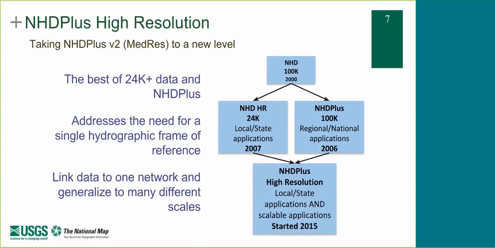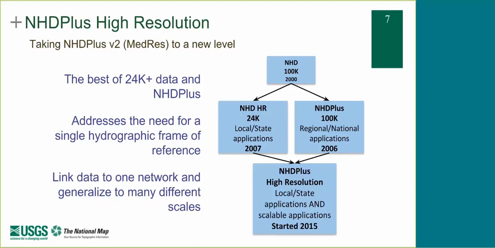That was first focused at the 1 to 24,000 scale, but it also very quickly evolved in many localities and several states to be even larger scale, higher resolution data, to the point where today the NHD High Resolution is quite a hybrid data set of several different scales. For the conterminous U.S., it's all at least 1 to 24,000 scale or larger, and there are several whole states that are at much larger scale than that.